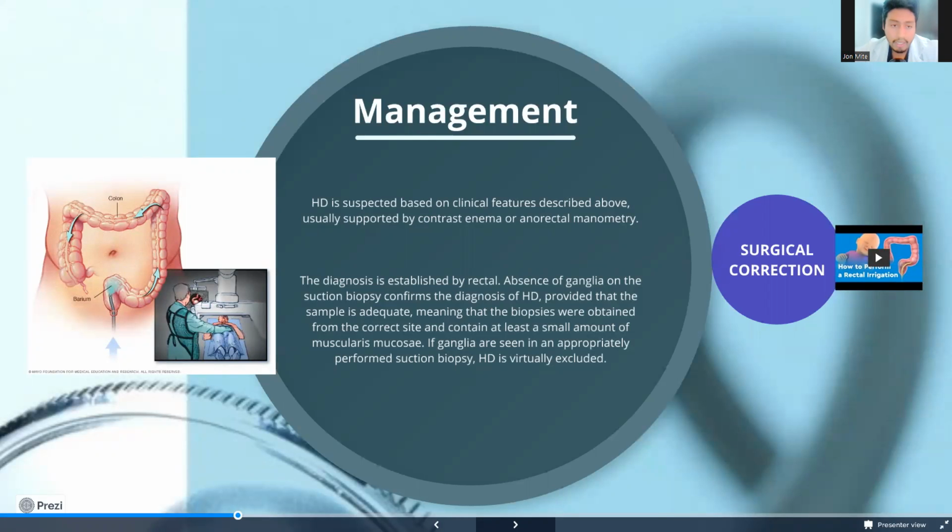The absence of ganglia on the suction biopsy confirms the diagnosis of Hirschsprung disease, provided that the sample is adequate, meaning that the biopsies were obtained from the correct site and contain at least a small amount of muscularis mucosae. If ganglia are seen in a properly performed suction biopsy, this disease is virtually excluded. And the mainstay of treatment is surgery.